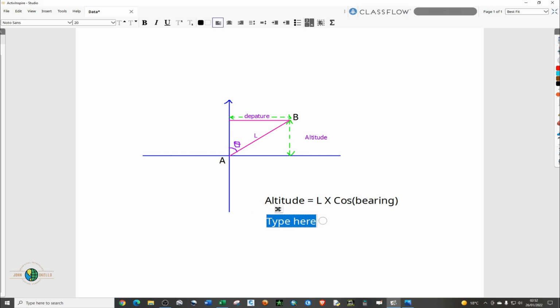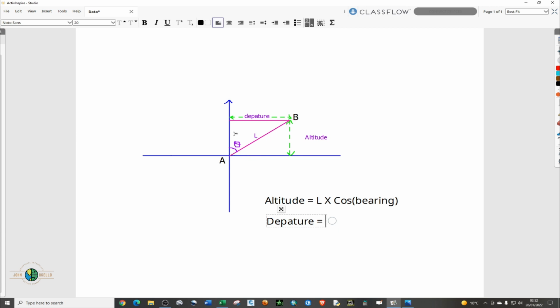Likewise, if you want to calculate the departure, or the change in easting, which is equivalent to, now we have this bearing, we have the hypotenuse.